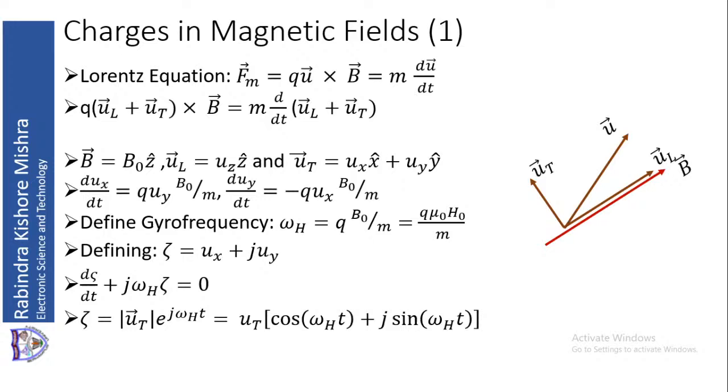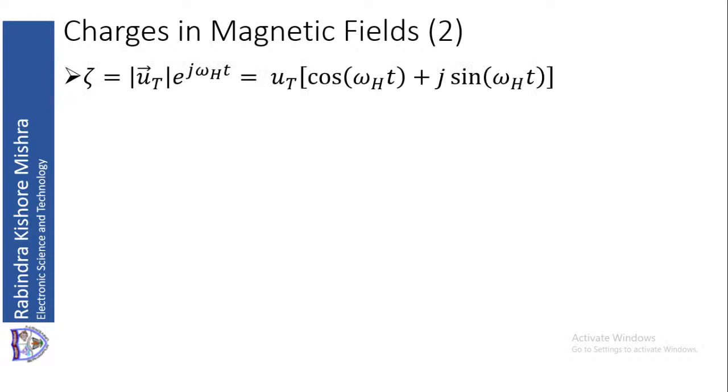Now let us use this value further. Let us write the component forms. Zeta is equal to ux plus j uy. From this, if we equate the real part and the imaginary part, from the real part we will get ux. Ux is defined as dx by dt.